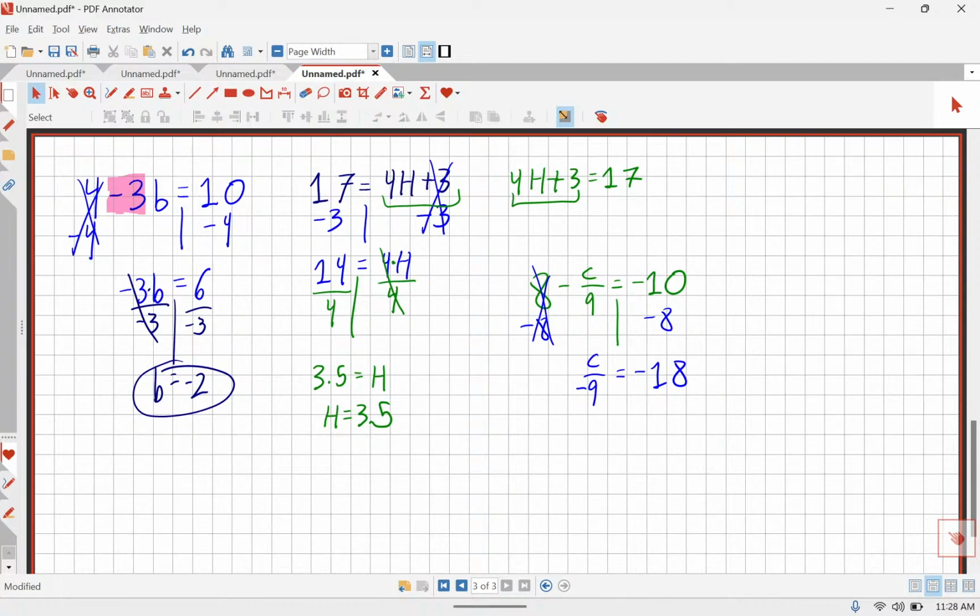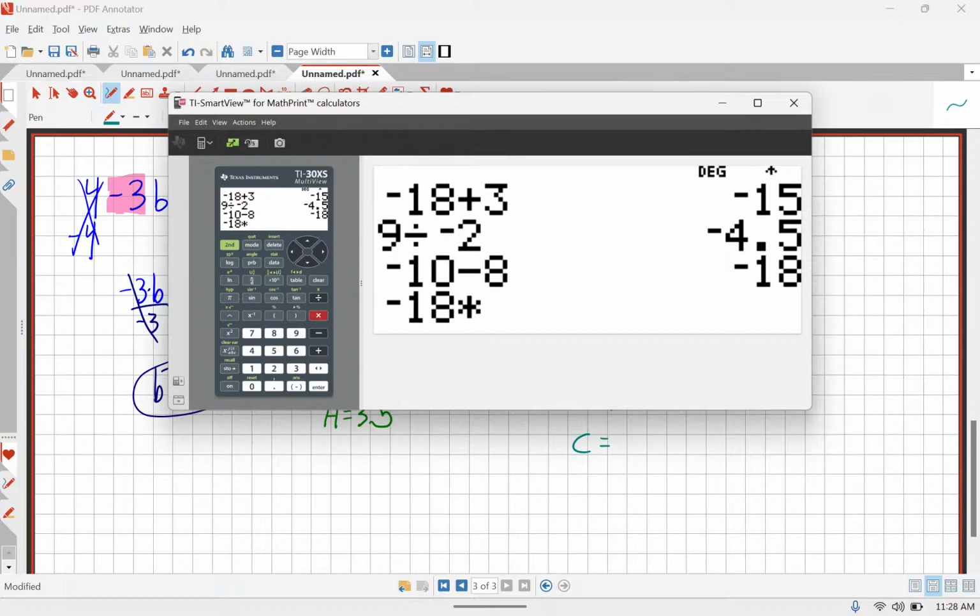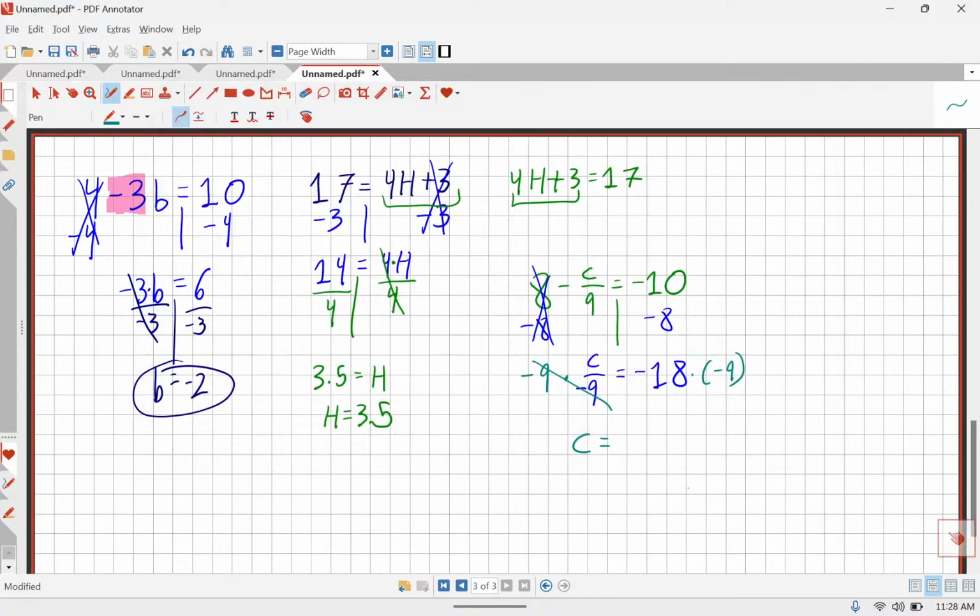I actually really like it in the basement right now. Because this says c divided by negative 9. And that means I need to do the opposite of division, which is multiplication. So if I multiply both sides by negative 9, that gives me c equals negative 18 times negative 9, 162.